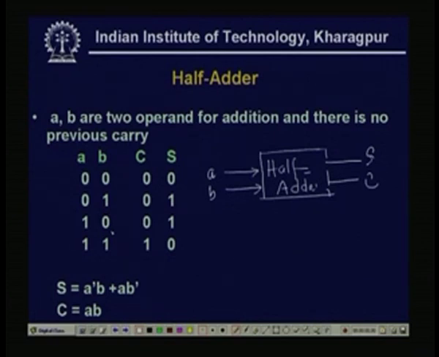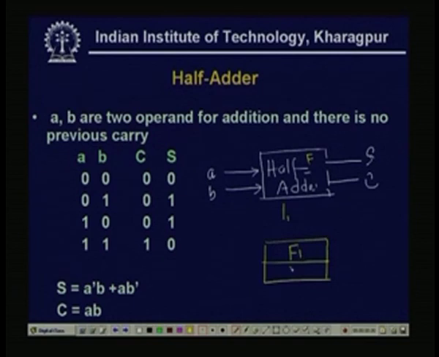Again, the way in the last class we defined it, if the half adder is one function F, I can partition it into 2, because there are 2 outputs.